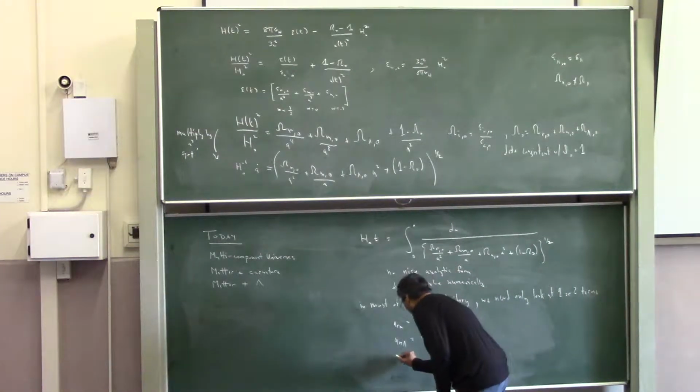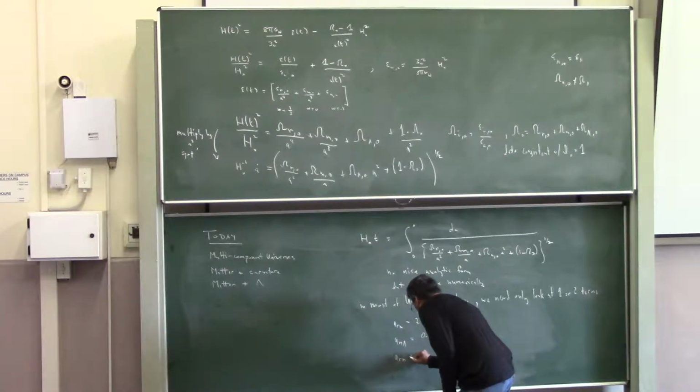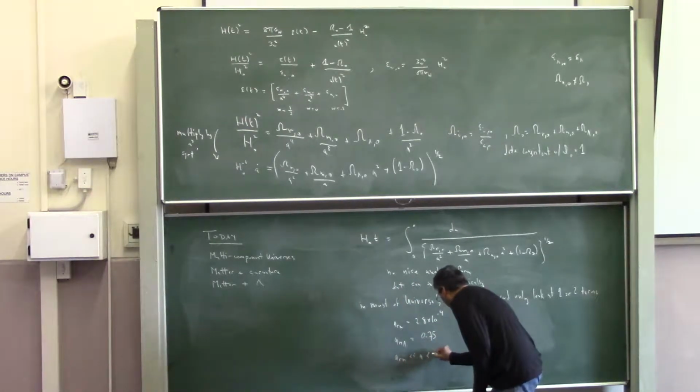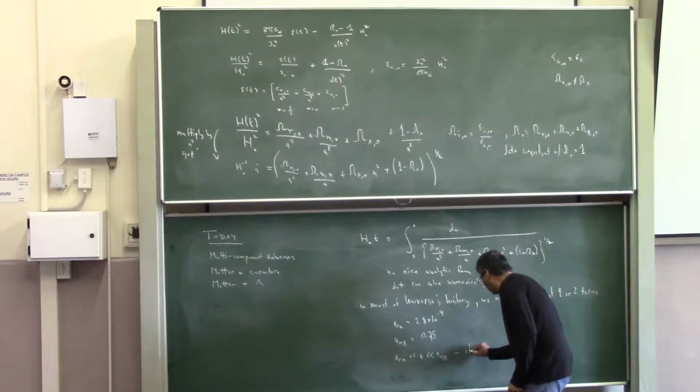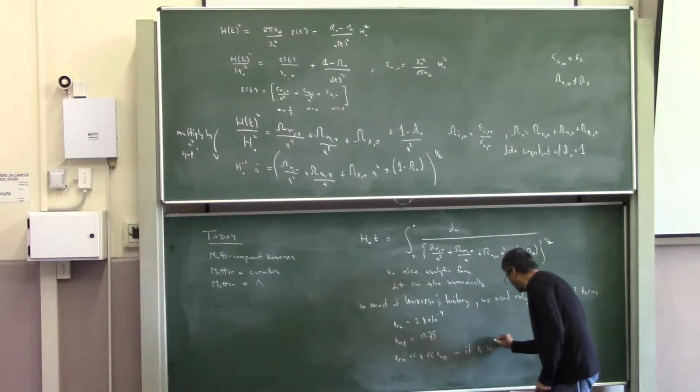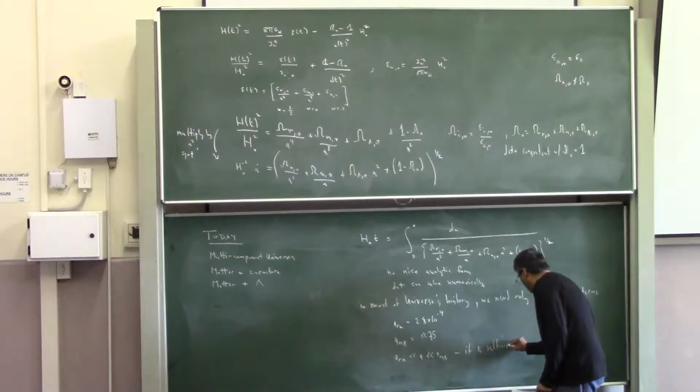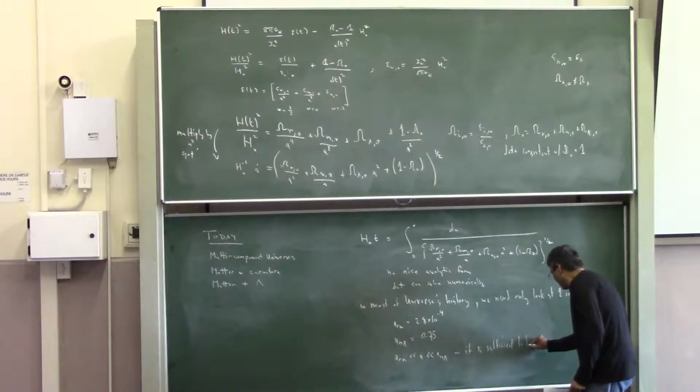So, for example, when a_rm is much, much less than a, which is much, much less than a_m-lambda, it's sufficient to look at matter only.